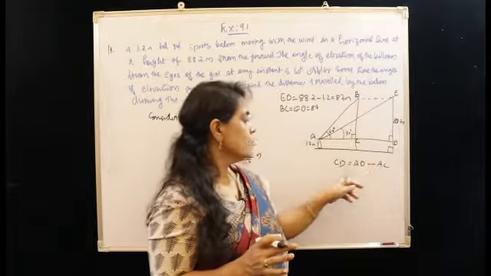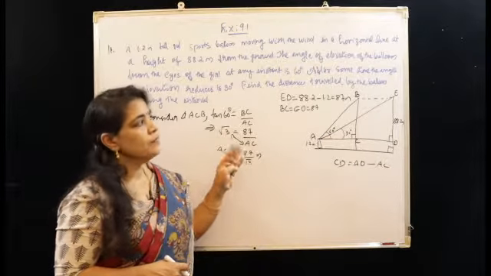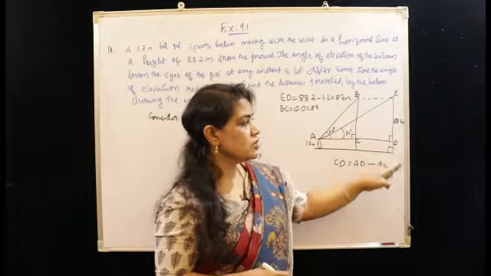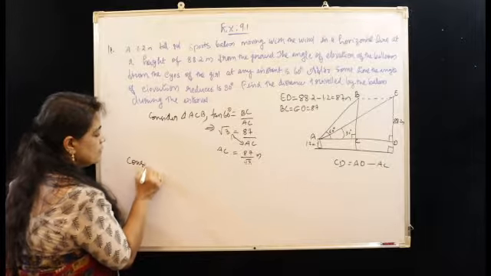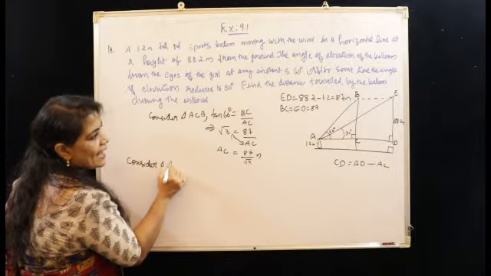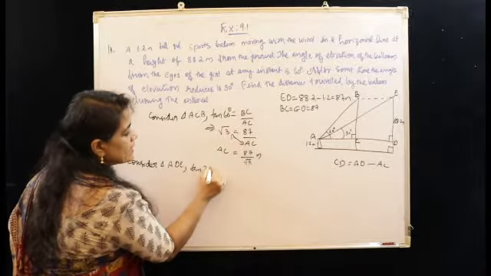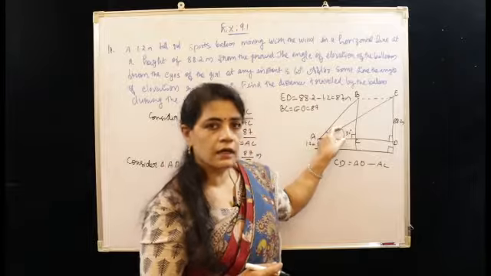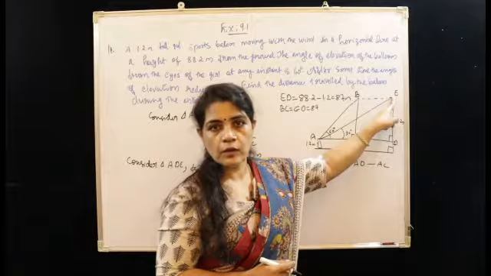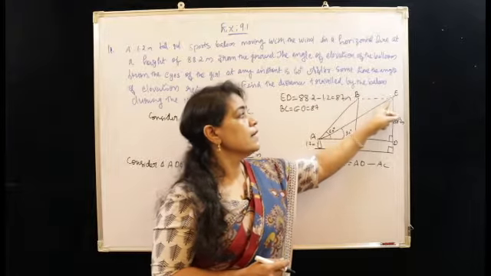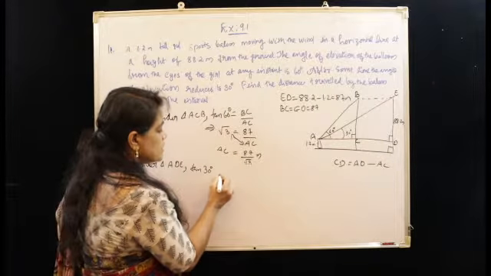For that we now have AC from the right triangle ACB. For the second case, I am going to take the second right triangle. Consider triangle ADE, tan of 30 degrees. For the second triangle, the angle of elevation from this point to the balloon, which because of the wind is now at E, is 30 degrees.